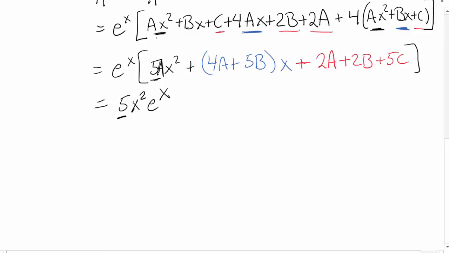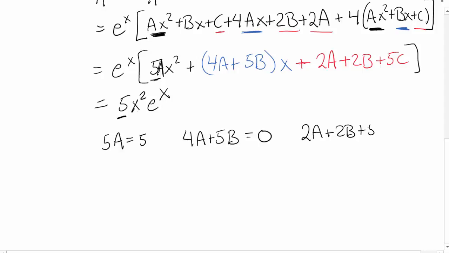Because this had come from ax squared plus 4ax squared, so that gave me 5ax squared. So I should have 5a is equal to 5. I should have 4a plus 5b is equal to 0, because I don't have any x term right here. And I should also have 2a plus 2b plus 5c is equal to 0.